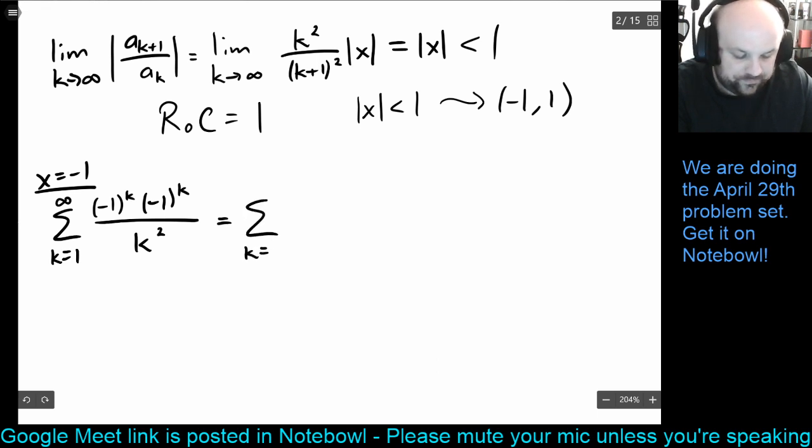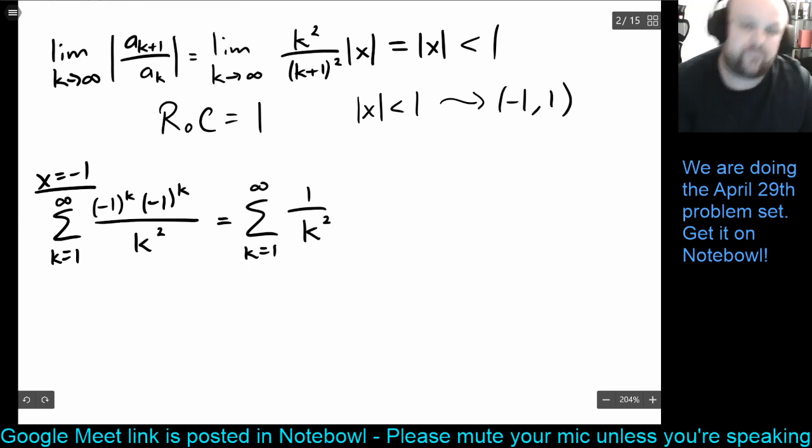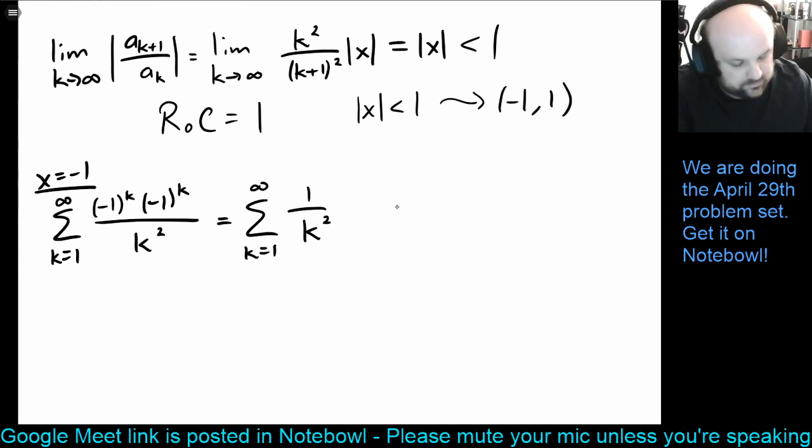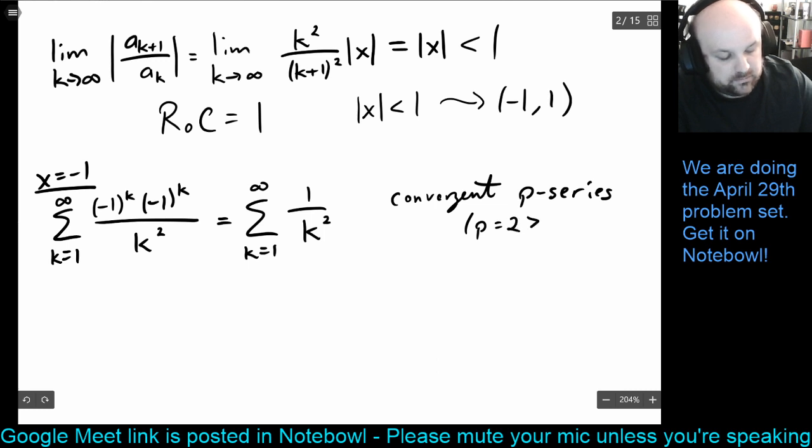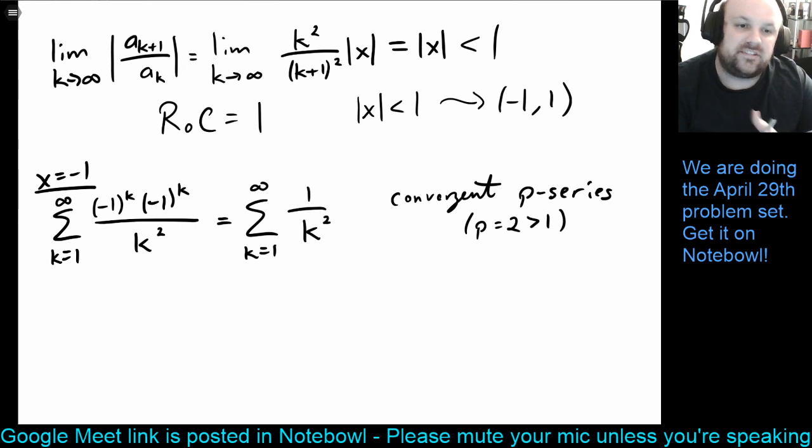This series here is a p series. This is a convergent p series, because p is 2, which is bigger than 1. Great, so it converges at -1.